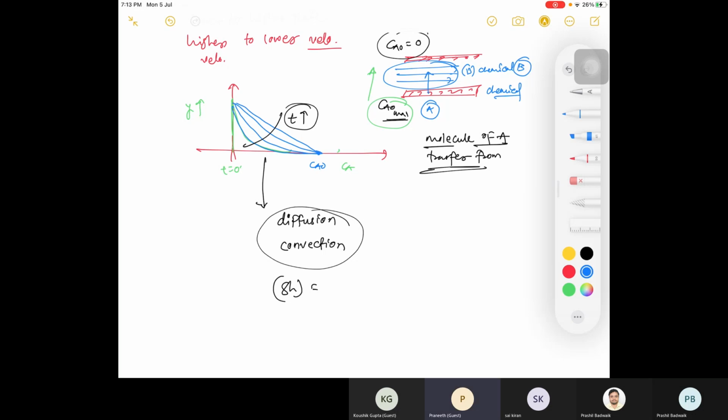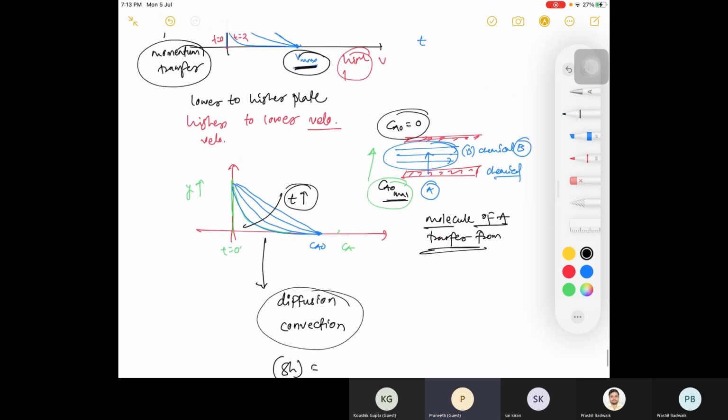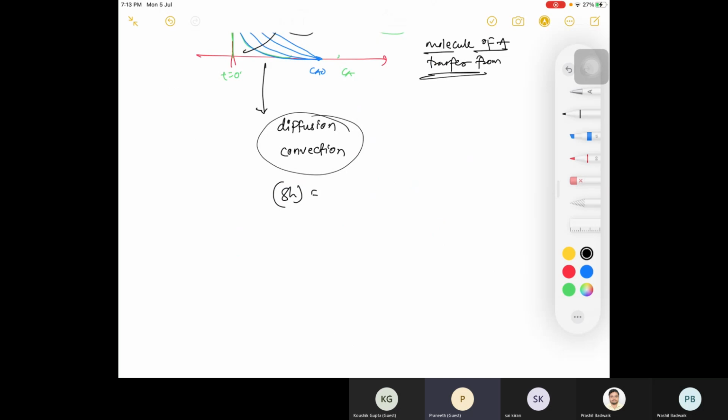So was it Nusselt number when you compared convection divided by conduction? Convection heat flux by conduction heat flux. Right? But there is a bit of change, you can say.